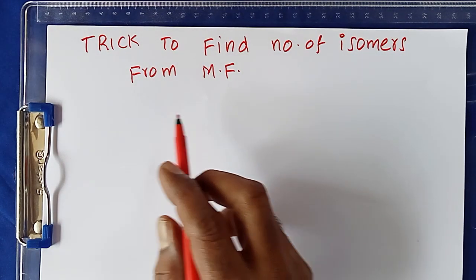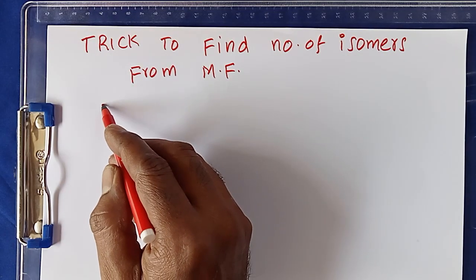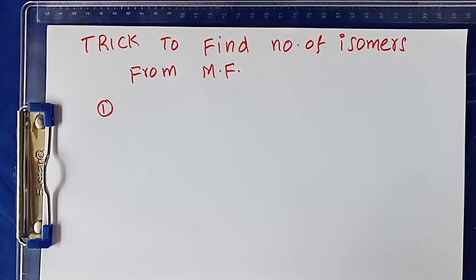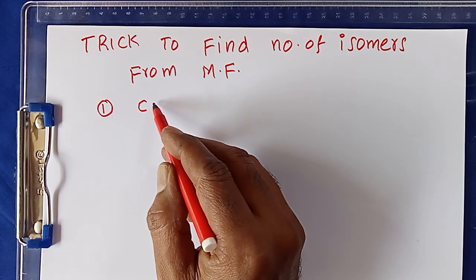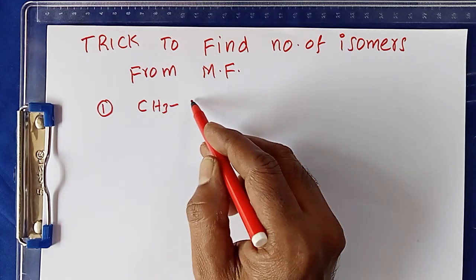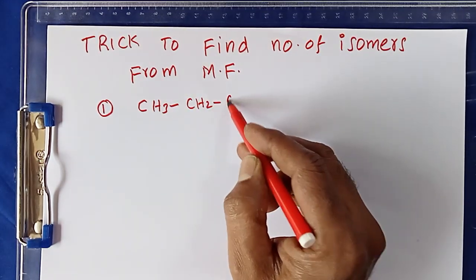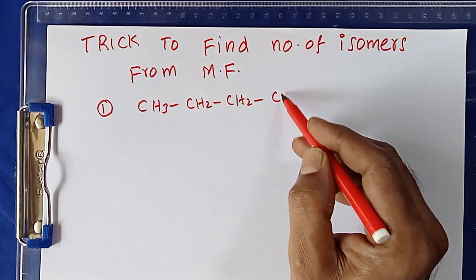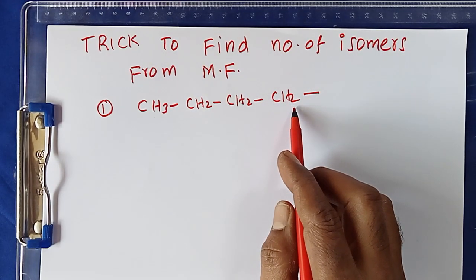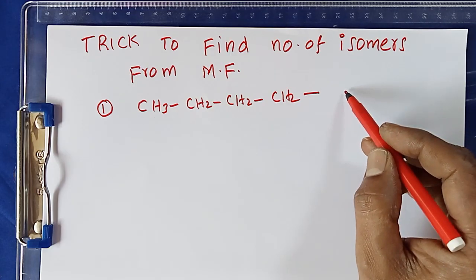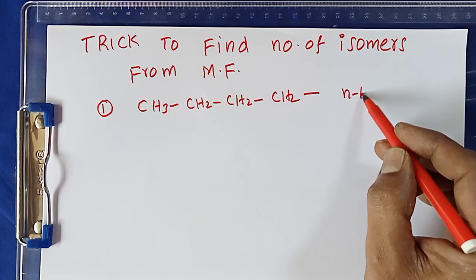Before going to this trick, we need some basic points. Number 1, the first basic formula: CH3, CH2, CH2, again CH2, a 4 carbons alkyl. How many are possible? Total 4 possible.